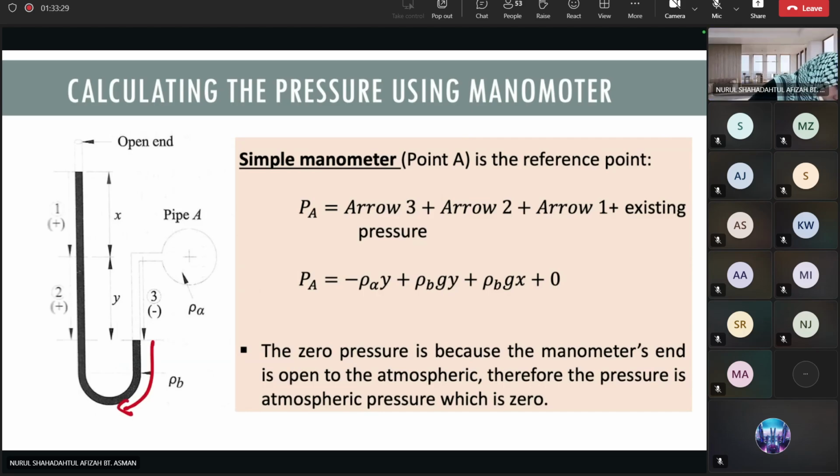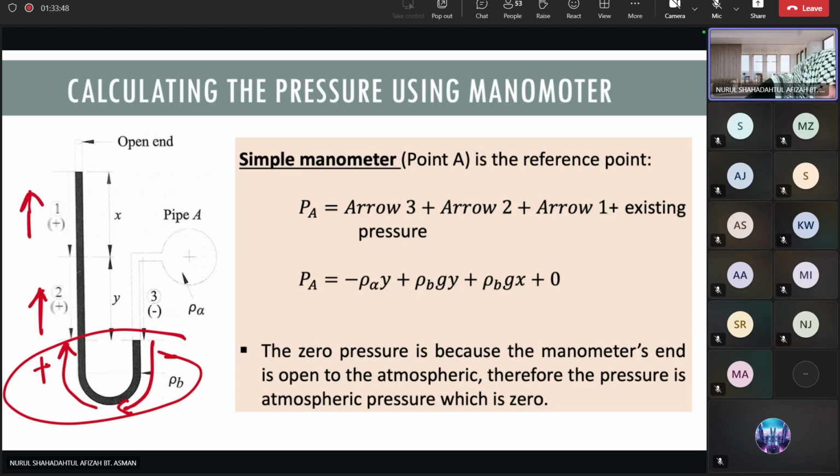This one is negative, and this one is positive, so in this one they can be cancelled. That's why we don't count them. And then arrow 2 goes up, and arrow 1 also goes up, needing to go down. And then the existing pressure, because here is an open end, as you can see. At an open end, there is atmospheric pressure.